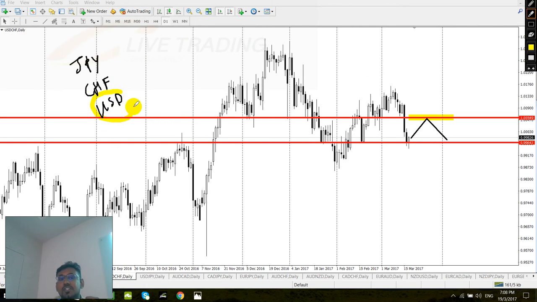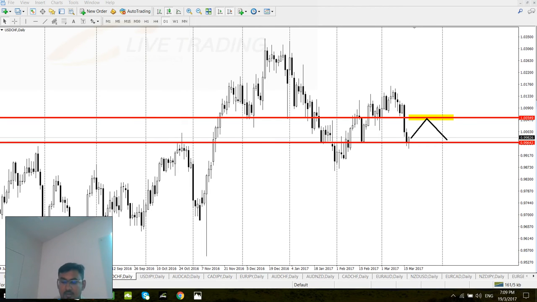USD is the artificial currency which strengthens during recession, but the real value is in the Japanese yen and Swiss franc. I'm anticipating that for the next couple of months or years these two currencies will strengthen, because we are entering recession. So this pair, naturally, goes more to the downside.